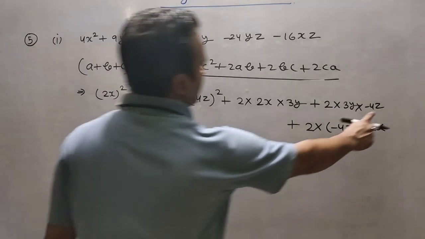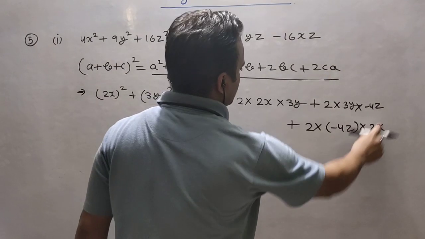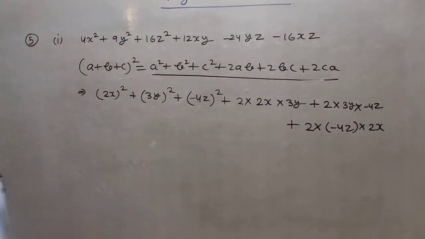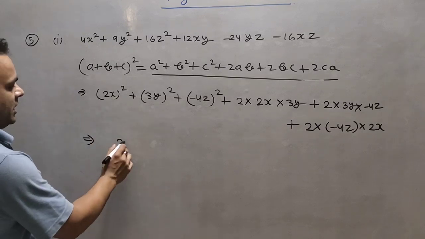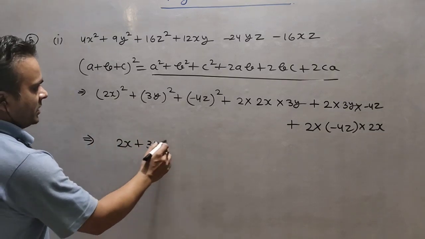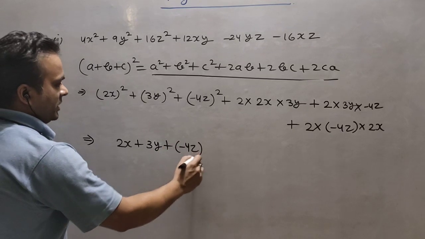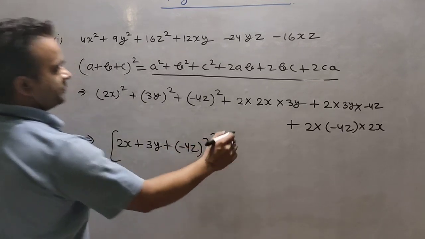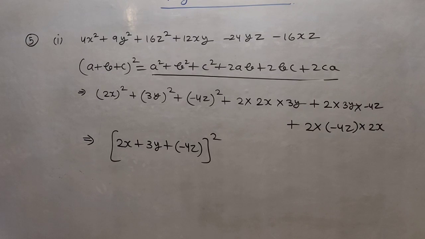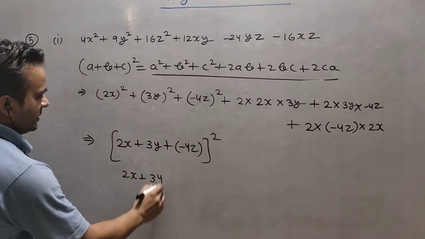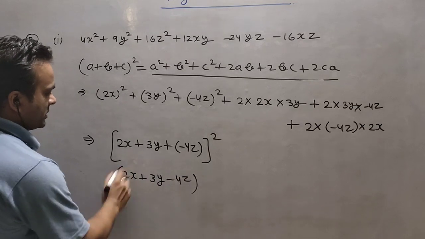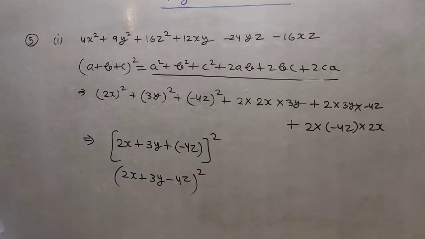So that is why everywhere where it is z, we have put it in minus form, so that now we can write it as a plus b plus c whole square. This will be a plus b plus c whole square. So it will be 2x plus 3y and minus 4z whole square.